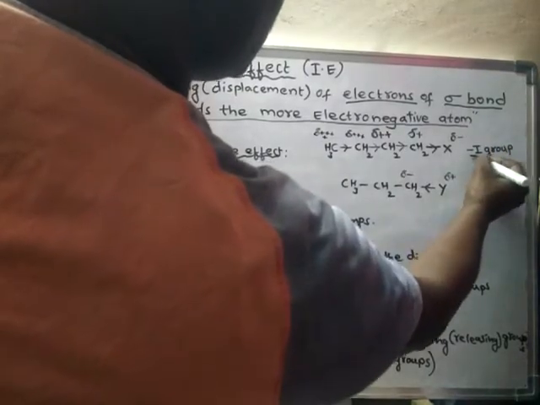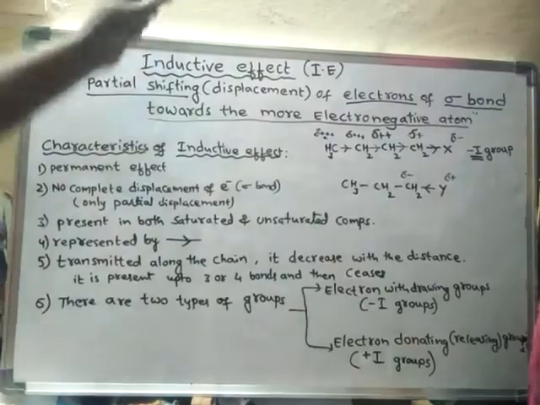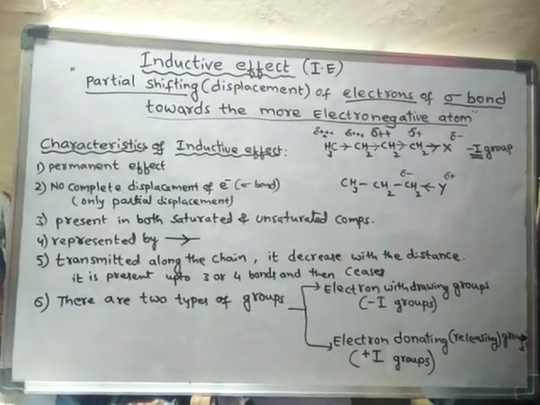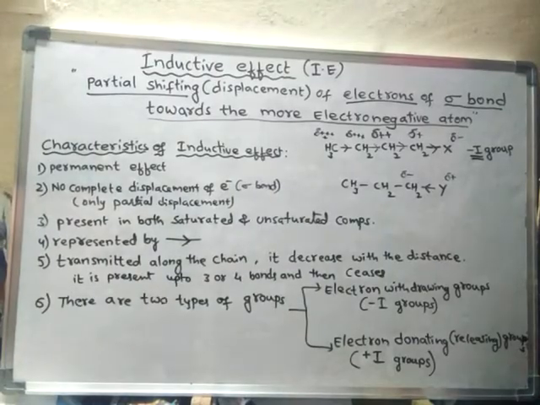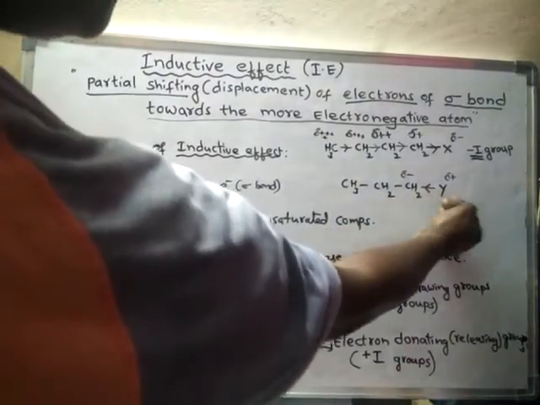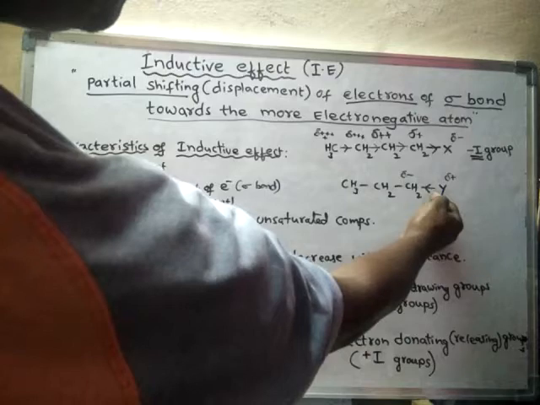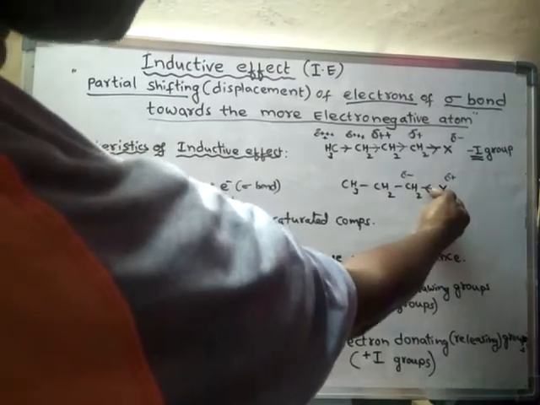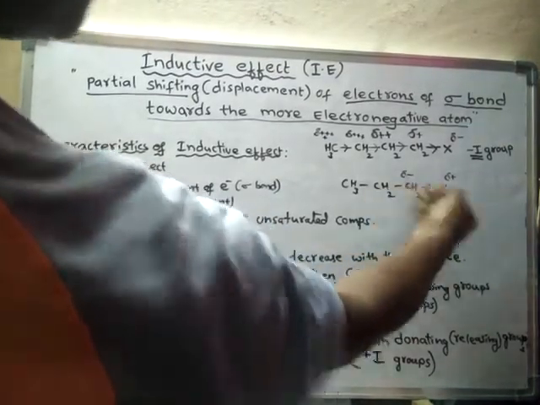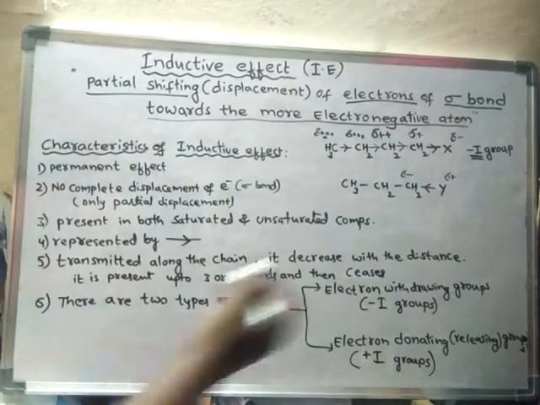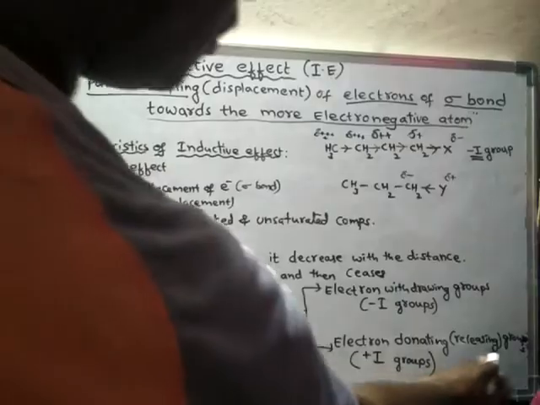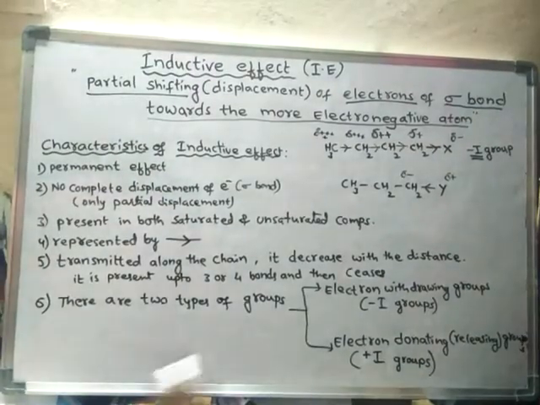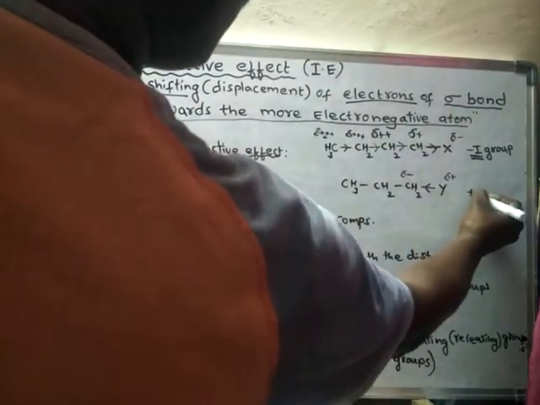So this X, the minus I group, will try to attract the sigma electron pair towards itself, whereas this one is donating, or simply releasing, its sigma bonded electron to the other atom. Hence it is said to be an electron donating group, or electron releasing group, or else it is also called a plus I group.